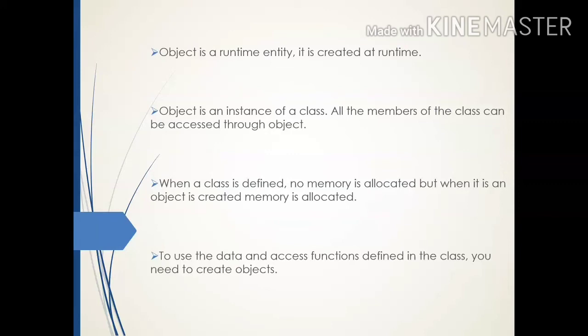Object is a runtime entity. It is created at runtime. Object is an instance of a class. All the members of the class can be accessed through object. When a class is defined, no memory is allocated, but when an object is created, memory is allocated.